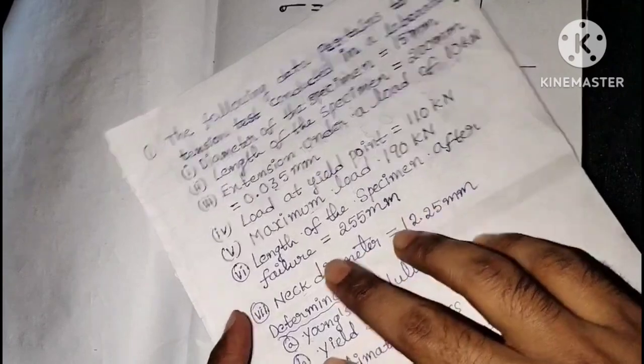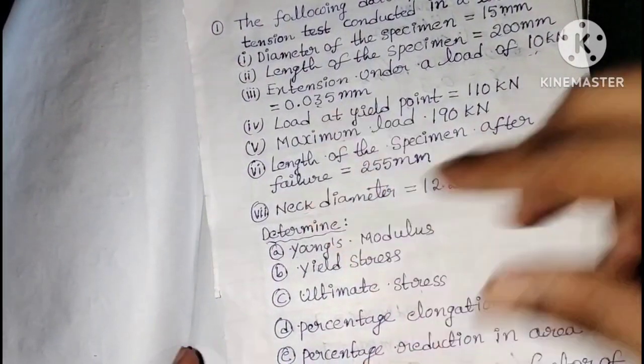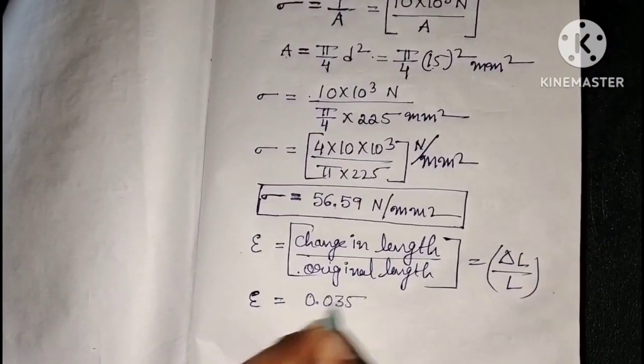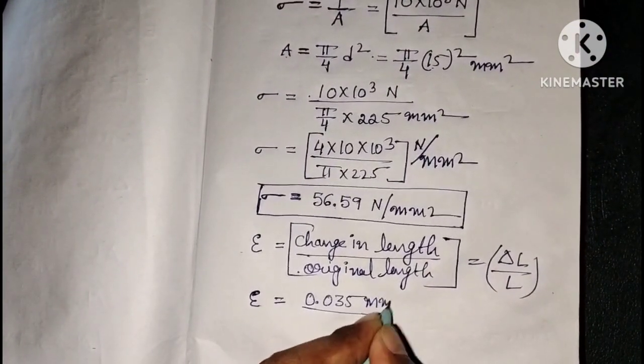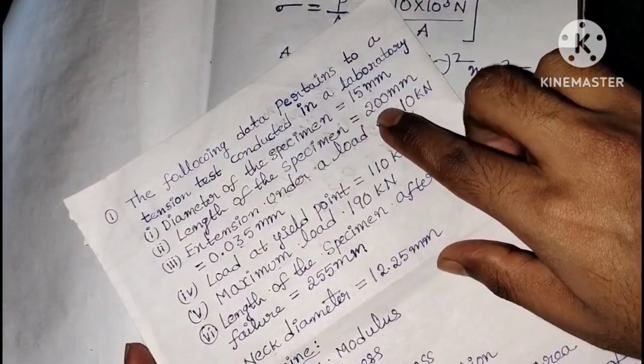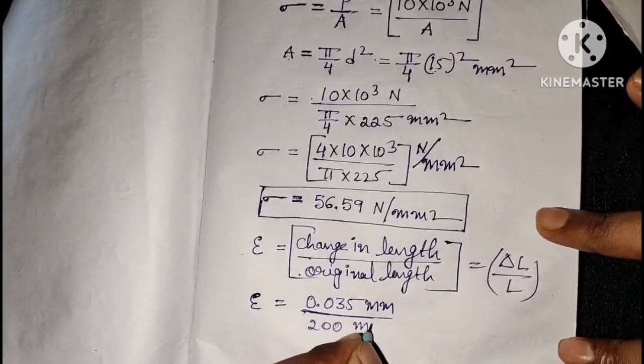So here the extension under load of 10 kilonewton is 0.035 mm. So change in length is 0.035 mm, divided by the original length. The length of the specimen is 200 mm.